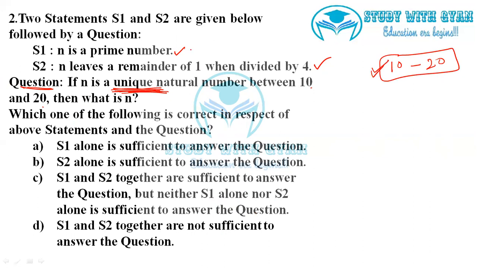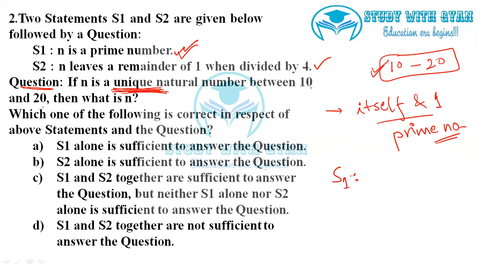Statement 1 is saying that n is a prime number. Prime number means a number divisible by itself and 1 only. This is the basic definition of a prime number. So for statement 1, what are the prime numbers between 10 and 20? 11, 13, and 15 will be divisible by 3, so that is not a prime number.